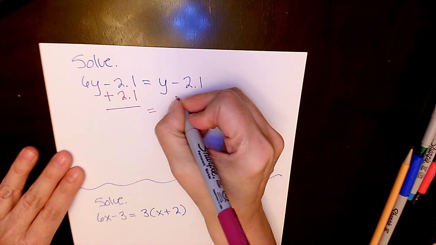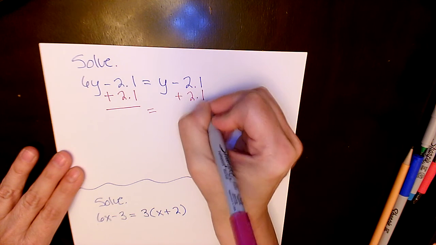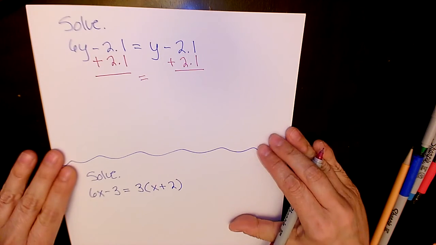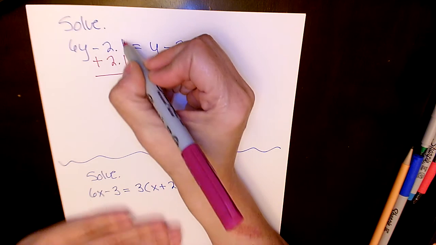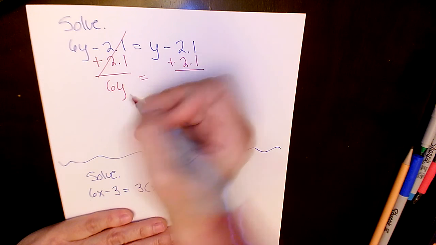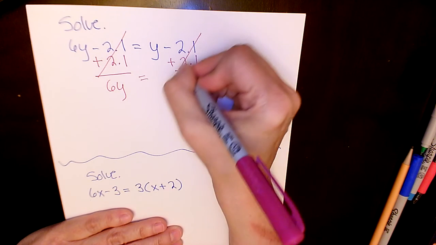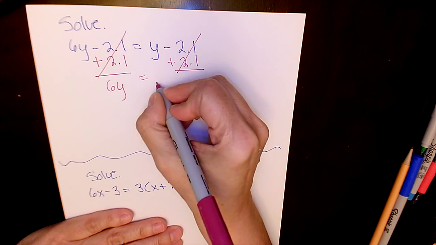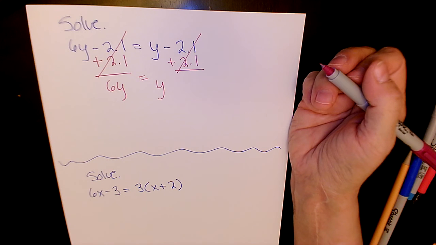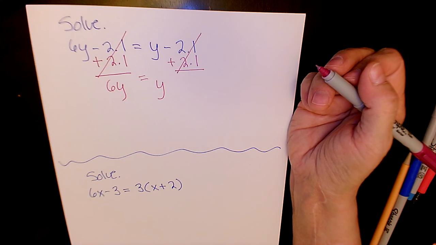So I'm going to add 2.1 to both sides. Okay, well, these drop out, and I bring the 6y down, and these drop out, and I bring the y down. So I've got 6y equals y.